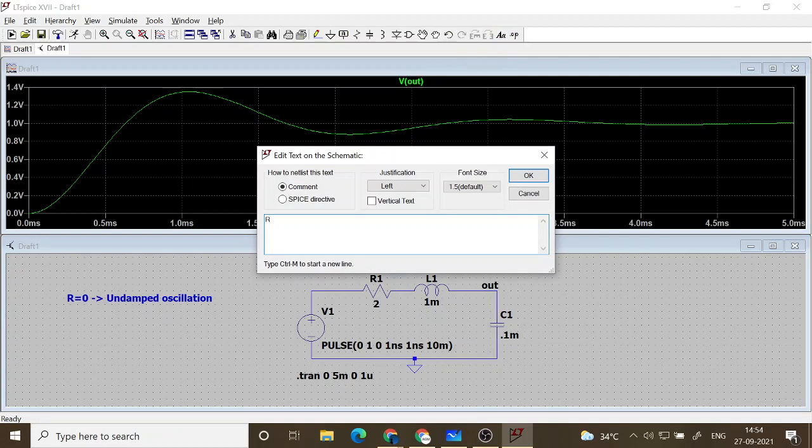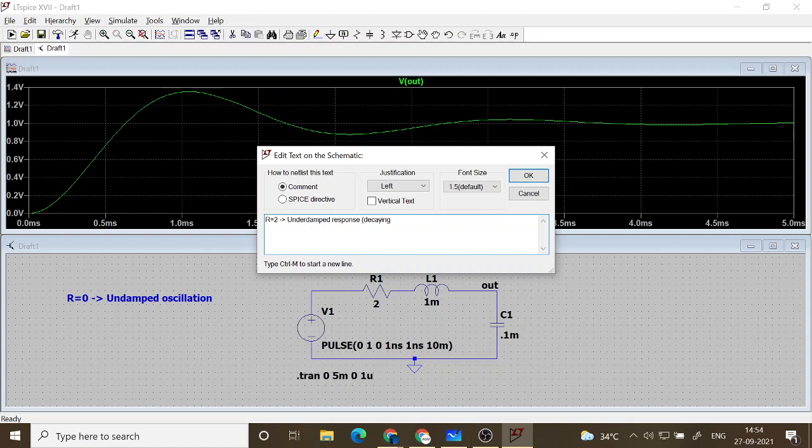So R equal to 2 ohm, we get underdamped response. So there is oscillation, or it is called underdamped response. Underdamped response means we have decaying oscillation.